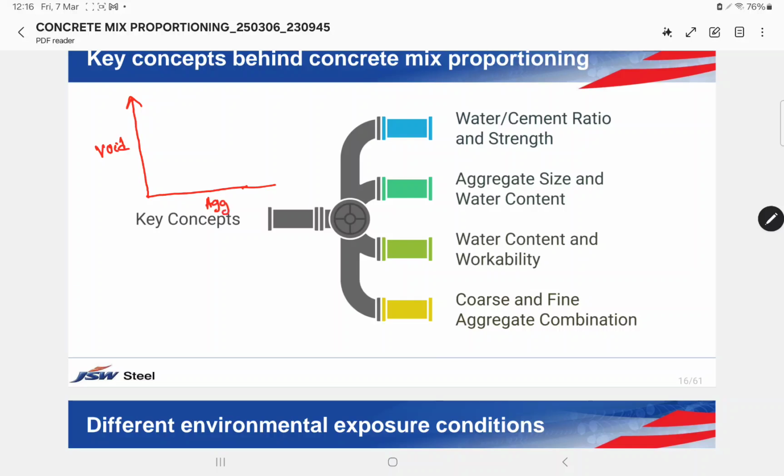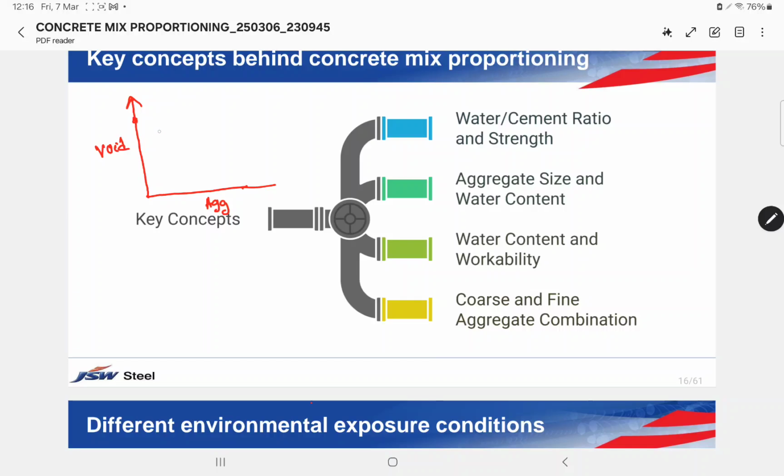Now if I only take a single size of graded coarse aggregate, say 20 mm coarse aggregate, with no fine aggregate, then I have a higher void content.